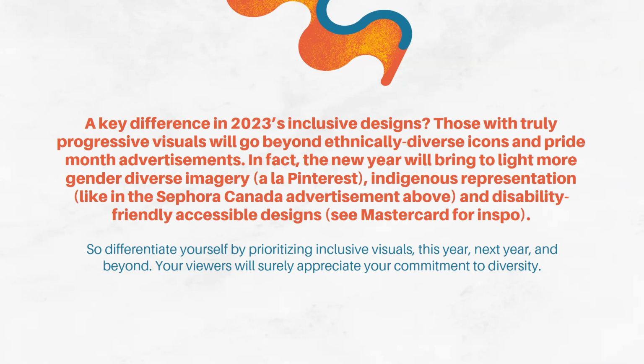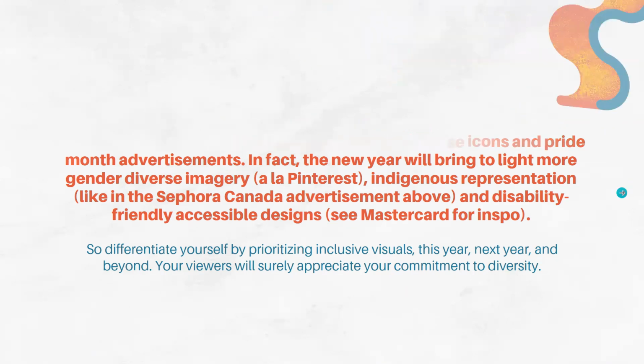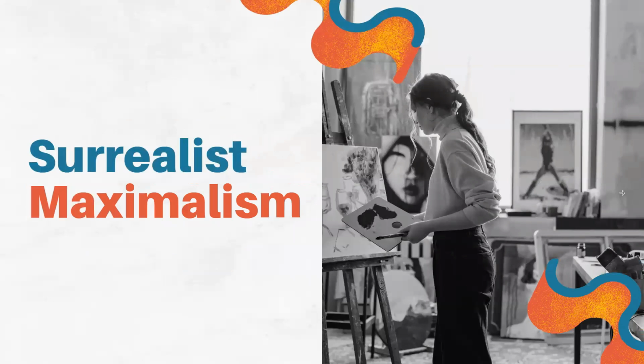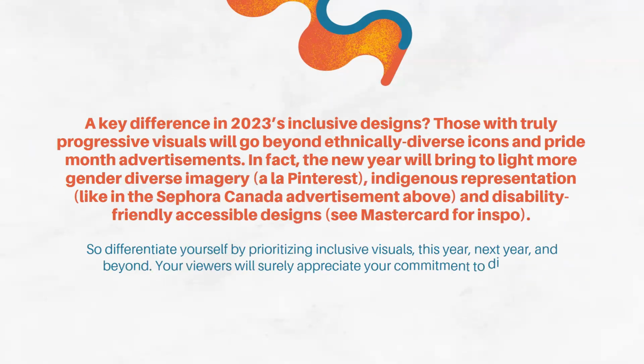So pwedeng kahit sino, parang lahat targeted, lahat makaka-relate dun sa mga pinopost nila o sa mga designs na ginagawa. So yun yung inclusive design. So I guess bago yun sa inyo, and hopefully natutunan niyo yun ngayon dito.